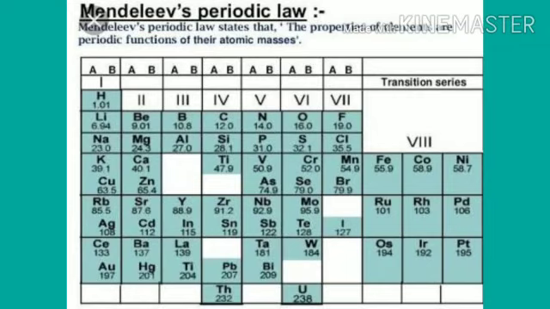There are 8 groups and 7 periods in Mendeleev's periodic table. There are some blank places in Mendeleev's periodic table.